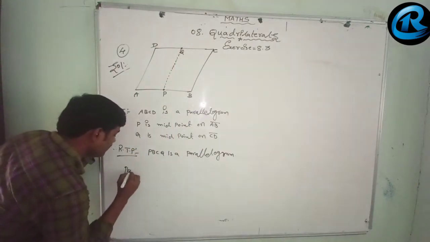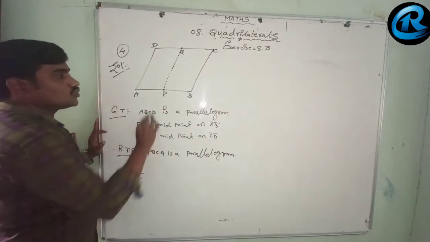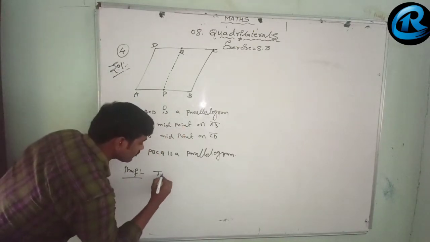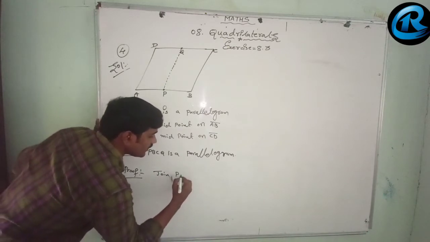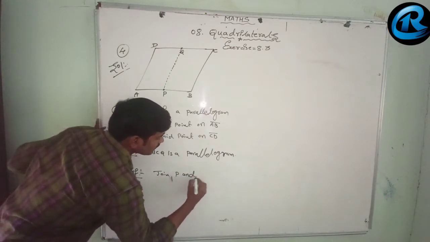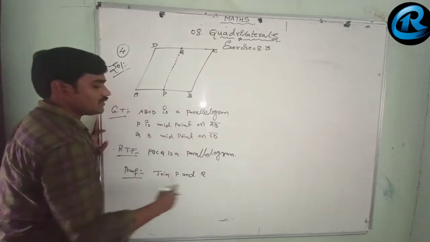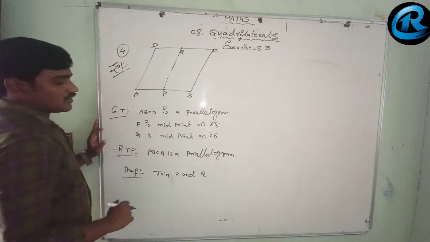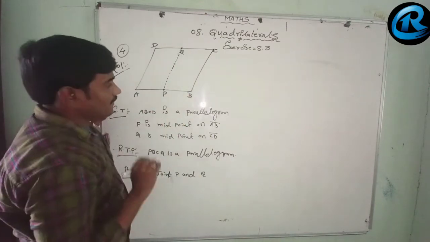Okay, join P and Q. If you join P and Q, what happens?